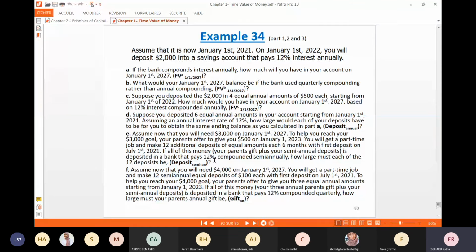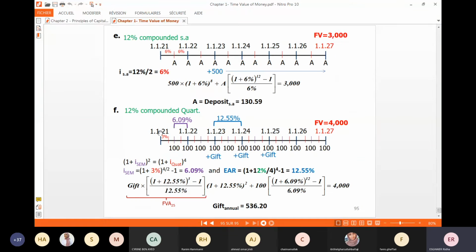So we need to draw our timeline. So we have here the 12 semi-annual deposits you'll make of $100 each, starting from July 1st, 2021. In addition to these 12 $100 deposits, you will receive a gift from your parents, 3 annual deposit amounts, starting from 1/1/2023.